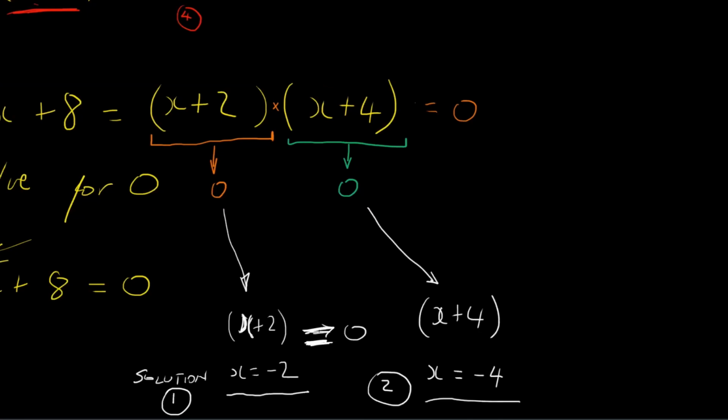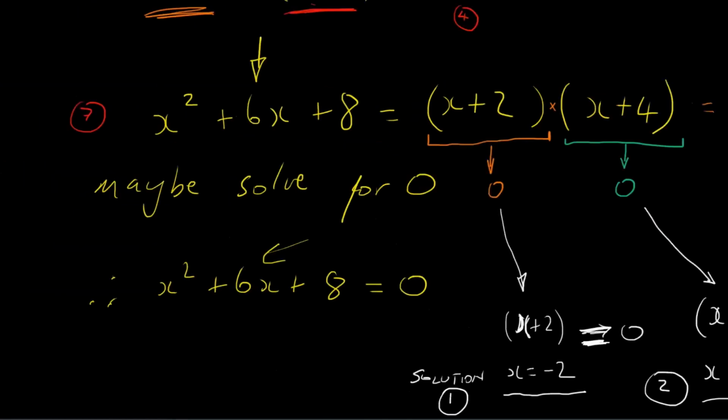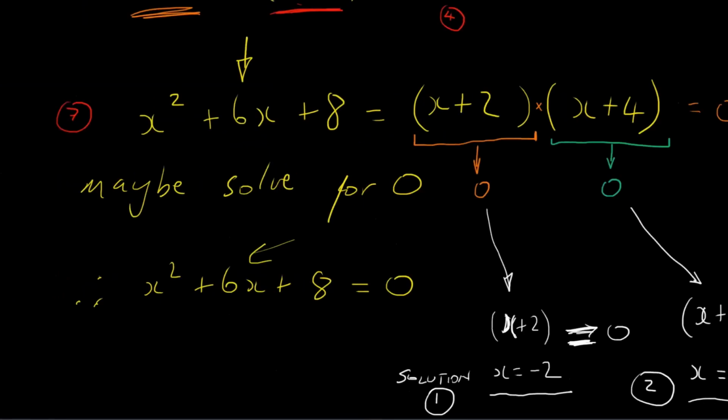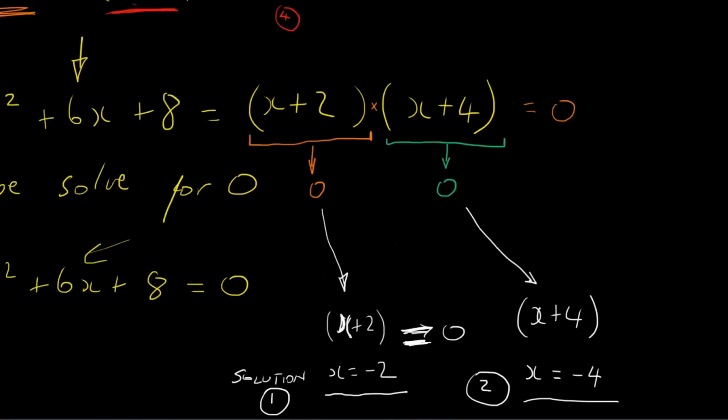If you put x equals minus 2 into this equation, it would be equal to 0. If you put x equals minus 4 into this equation, it would be 0. This equation, ladies and gentlemen, you have solved. So well done. Really, really happy that you've done this.